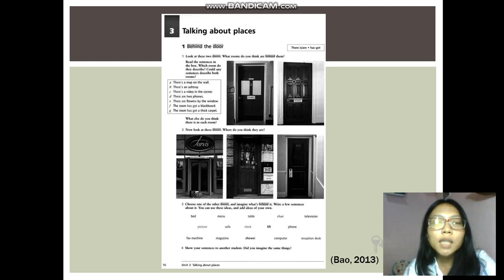In this task, there is no right or wrong answer. The students are encouraged to process the meaning from their own experience and their own thinking. They are free to choose what to imagine is behind the door.